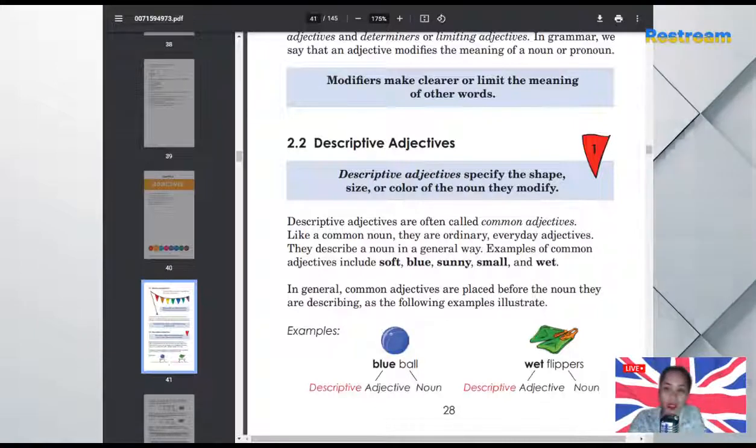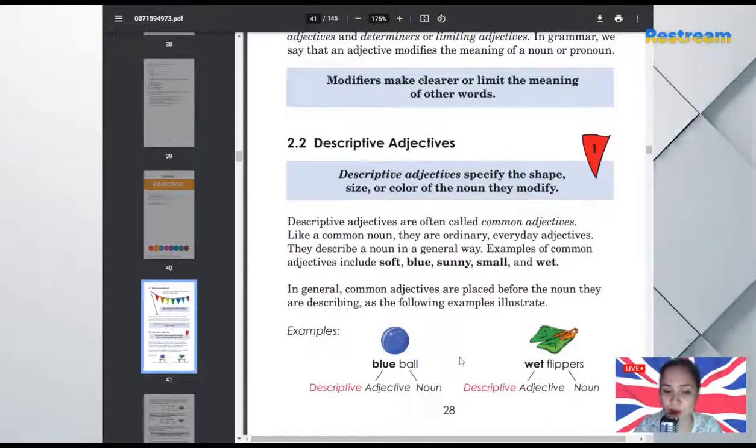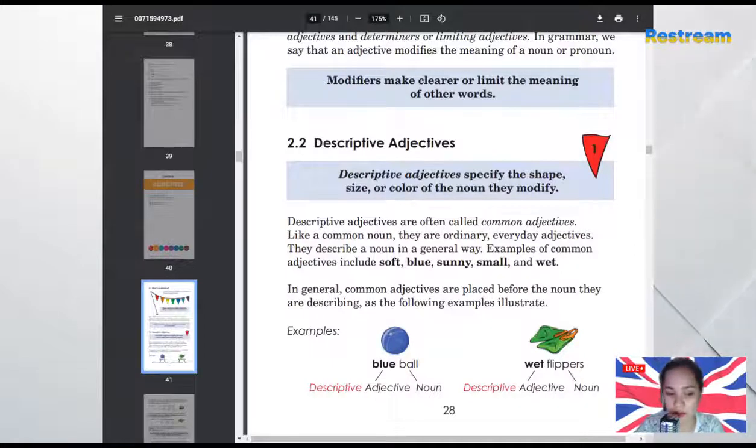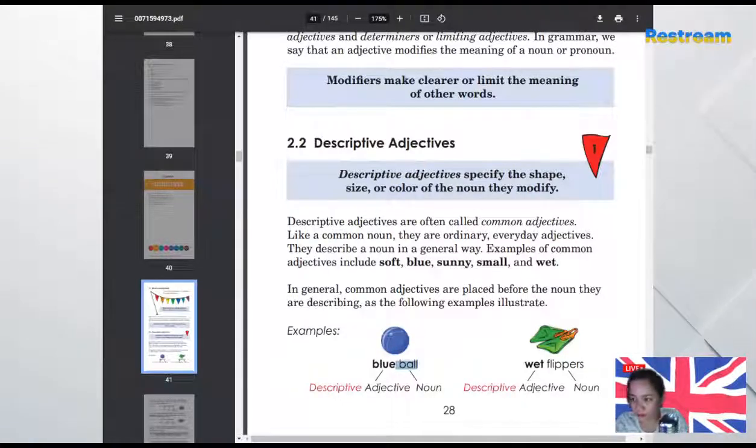For example, we are going to use here the blue ball and the wet flippers. From the blue ball and the wet flippers, let us identify which one is the adjective. The descriptive adjective is the color blue, and our noun is ball. So we have the noun ball and the descriptive adjective blue.